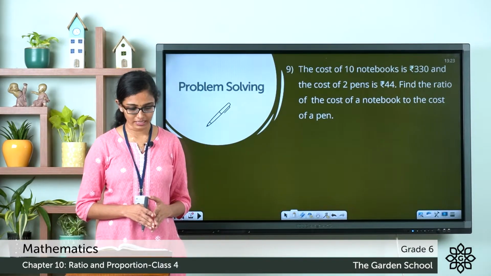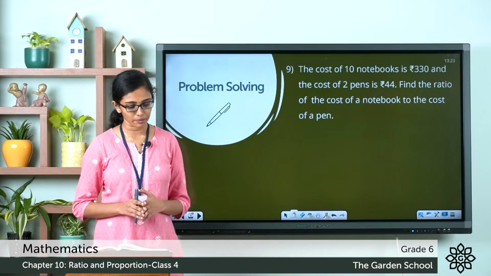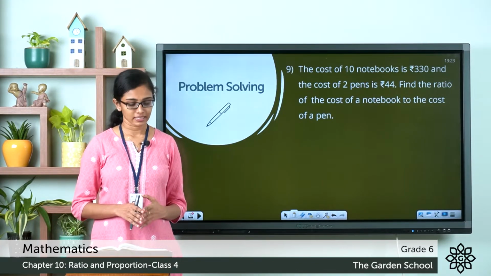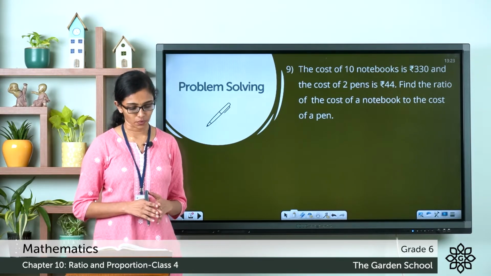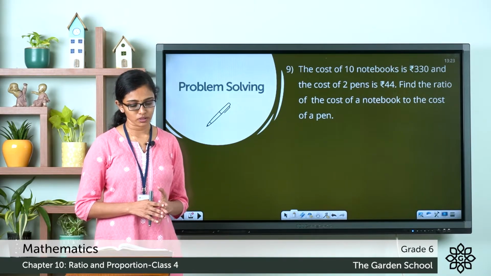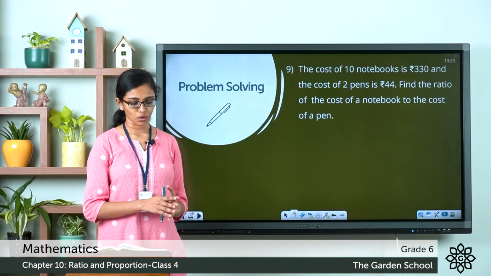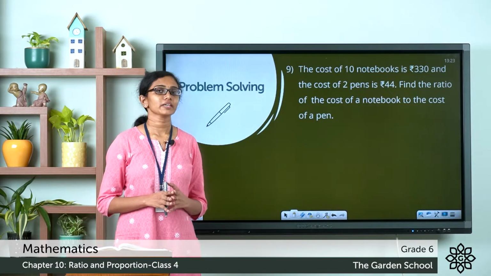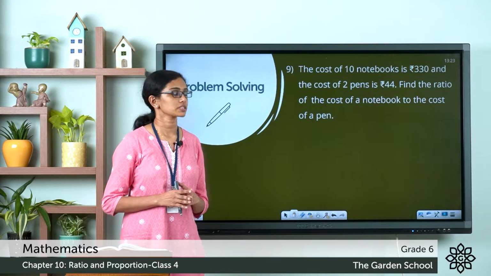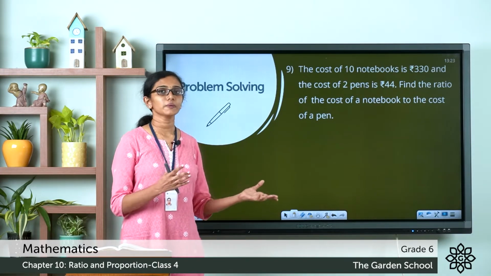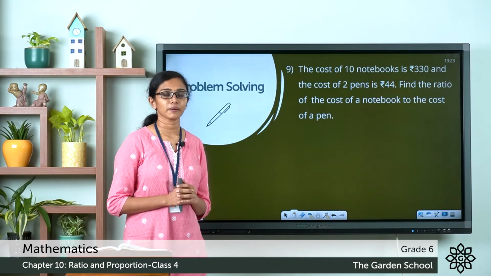Question number 9 says the cost of 10 notebooks is rupees 330 and the cost of 2 pens is rupees 44. Find the ratio of the cost of a notebook to the cost of a pen. So we are given the cost of 10 notebooks, which is 330 rupees. So the cost of one notebook will be 330 divided by 10.